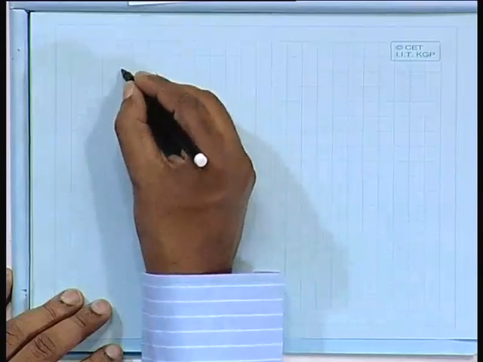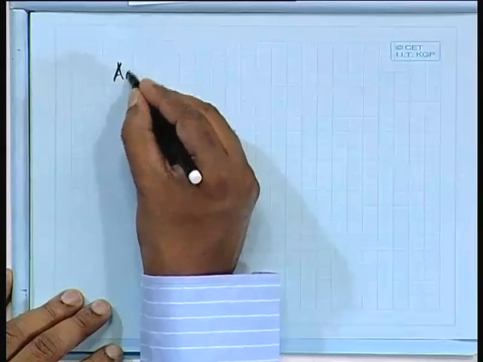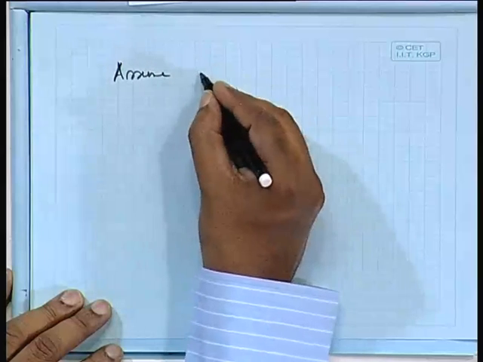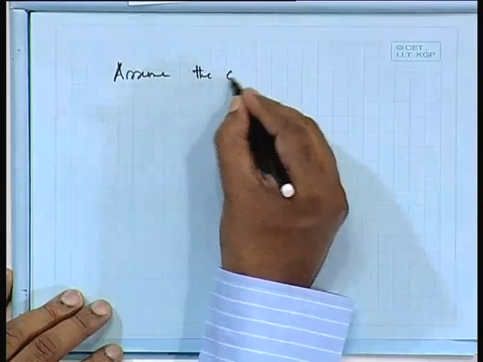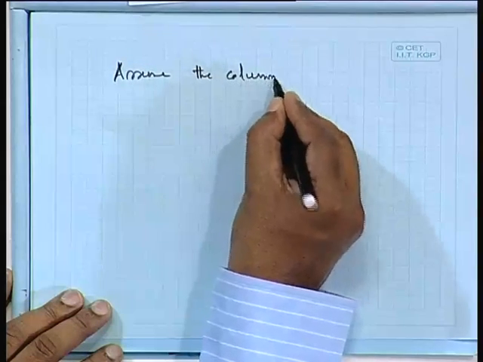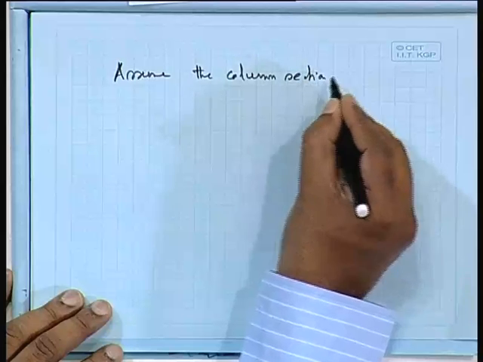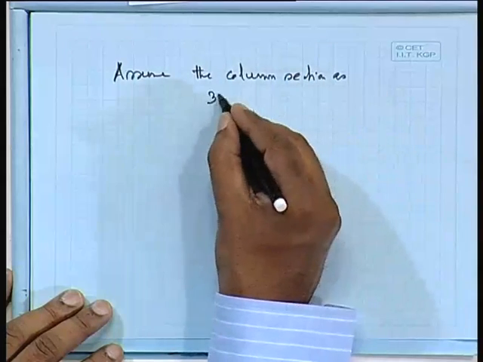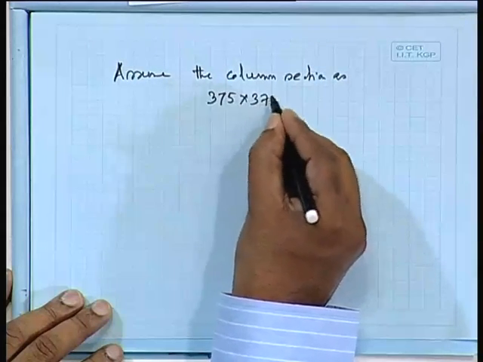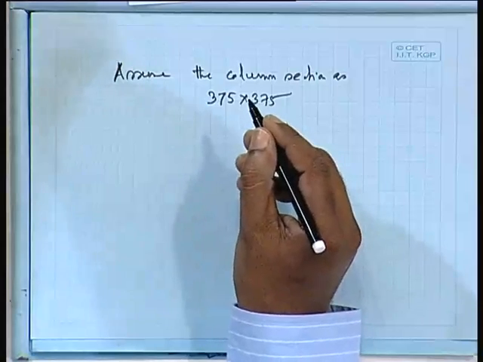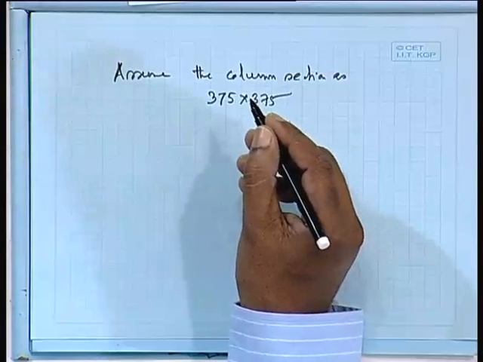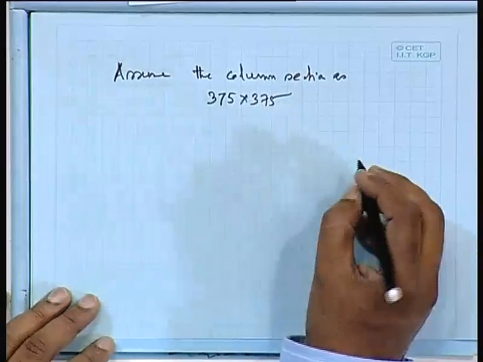Okay. So, let us take the section. Assume the column section as 375 by 375. We shall take that column section as 375 by 375.